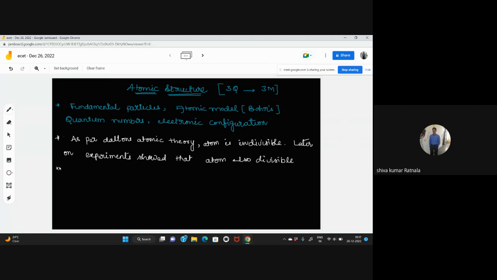Now, generally in any atom, there are more than 100 fundamental particles.